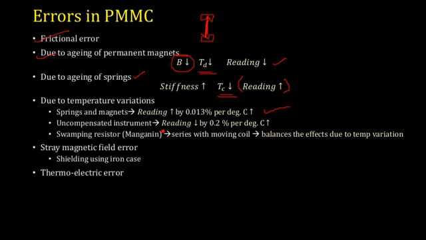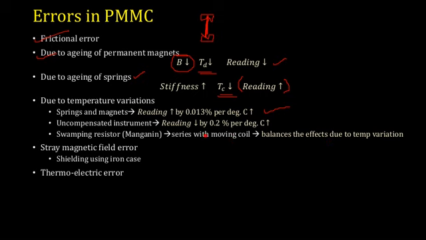And if you have no compensation, due to the variation of temperature the resistance of the copper will increase, and that causes the reading to decrease by some value. Now you use some swamping resistance in series with the moving coil, and this swamping resistance will balance the effects due to temperature variations.